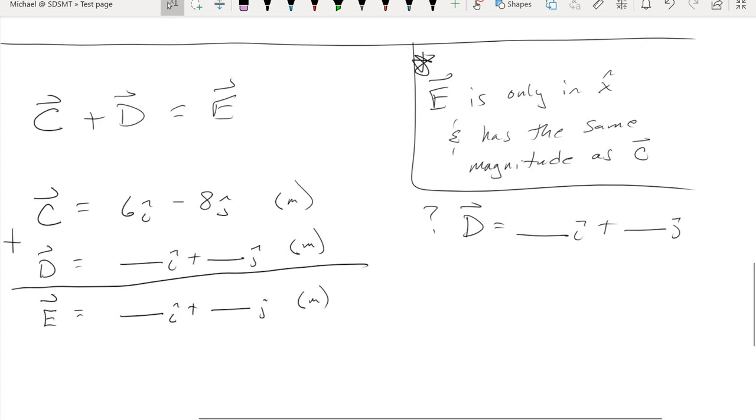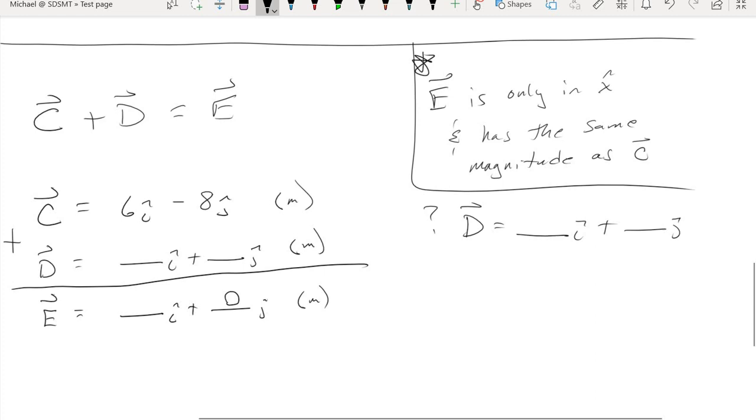We're told that vector E is only in the x direction, which means that if we're only in the x direction, we cannot have a y component. So the y component of vector E has to be 0.